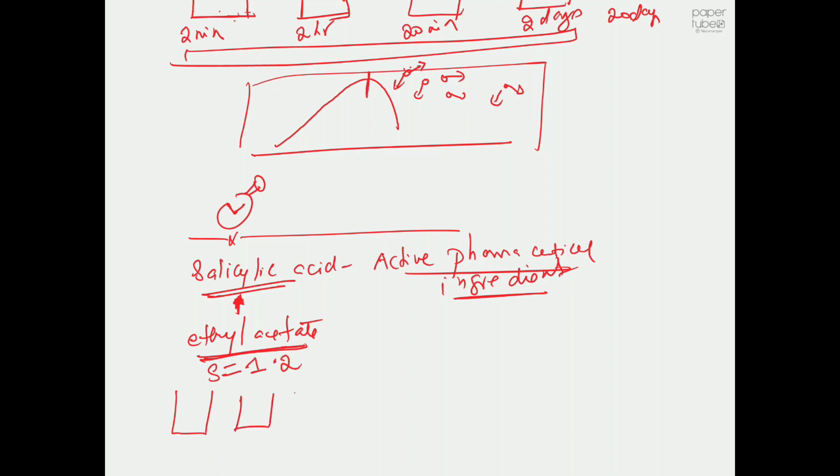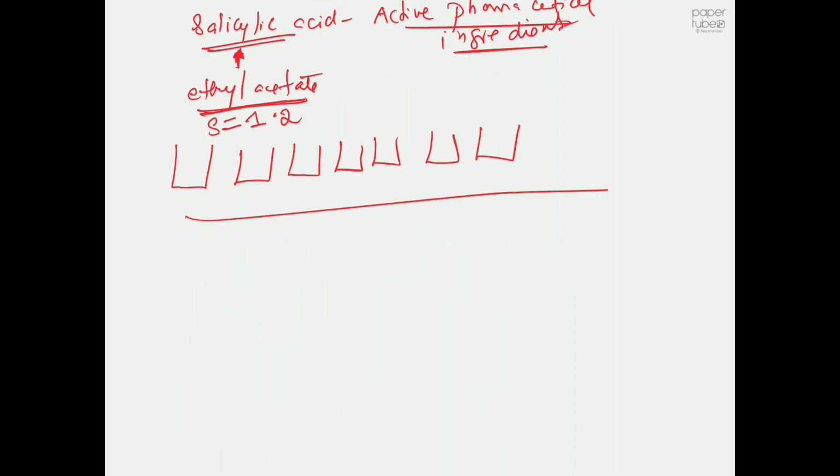We used 40 vials. So we prepared a supersaturated solution of 1.2, and we prepared 40 vials. All of these vials contain the same solution: salicylic acid, with ethyl acetate as the solvent, and the supersaturation ratio of the solution in all of these vials is 1.2.